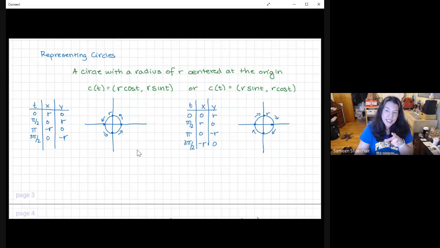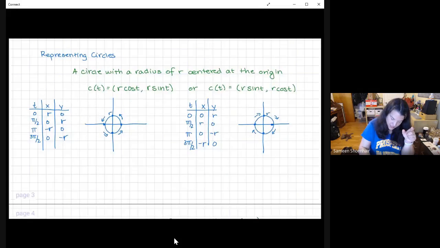The thing to think about is if we're going to move the center off the origin, we're going to shift the whole circle left or right and up and down. So we're going to take all the x coordinates and either add or subtract a value, and we're going to take all the y coordinates and add or subtract a value.